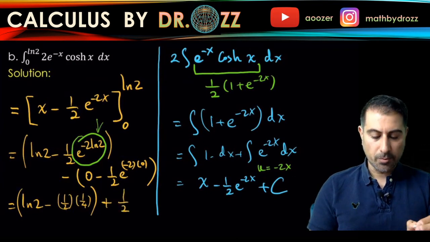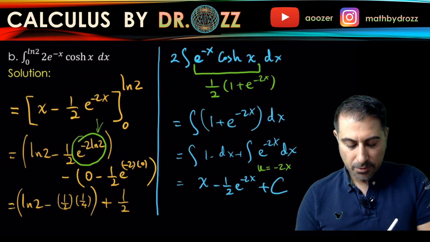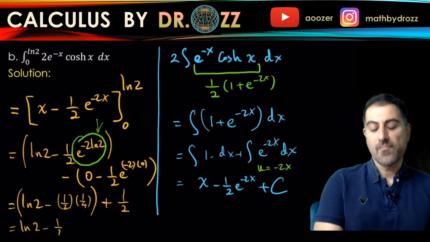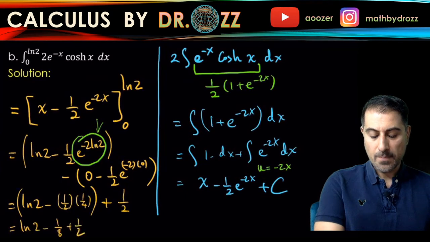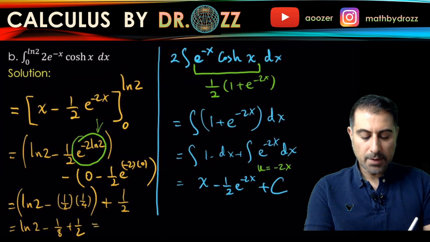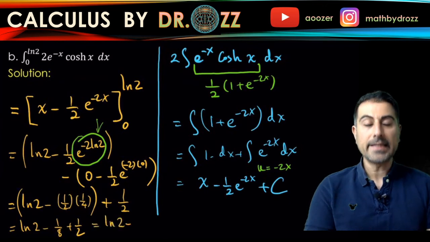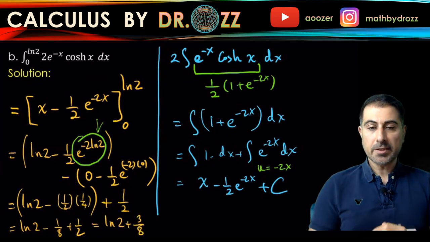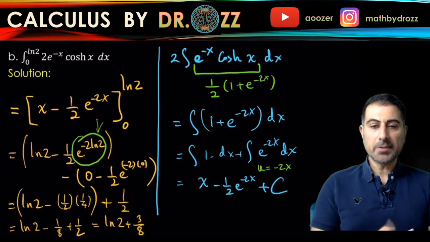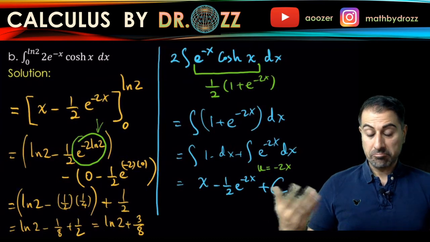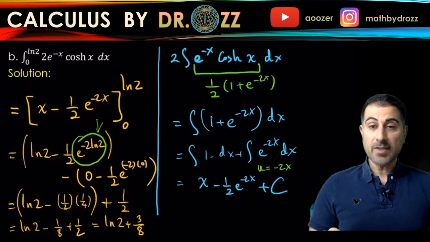All right, so what do we have? ln2 minus 1/8 plus 1/2. You simplify that, it's ln2 plus 3/8. If you wish, now you can use your calculator and get an approximate value, or just leave the final answer as is.